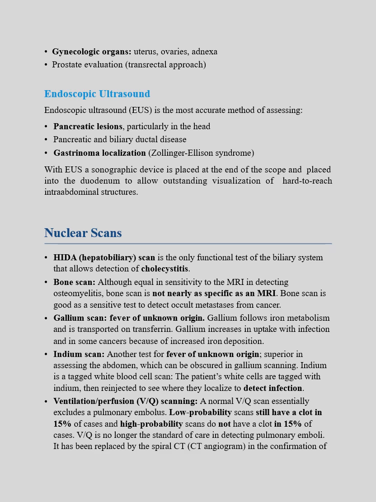VQ scan, or ventilation perfusion scan: a normal VQ scan essentially excludes a pulmonary embolism. A low probability scan will have a clot in 15% of the cases, and a high probability scan does not have a clot in 50% of the cases. VQ scans are no longer the standard of care to detect pulmonary emboli.